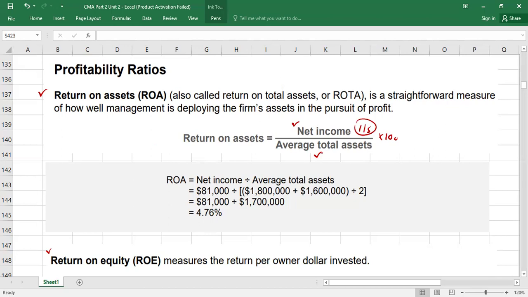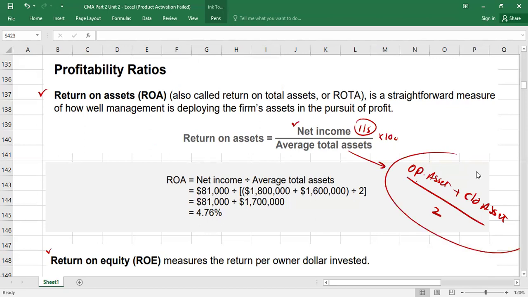Average total asset, how will you get it, guys? Please remember, whenever you are working with average total assets, you need opening total assets. I hope you have an idea about assets, right? Total assets means current assets plus non-current assets. Opening assets means the closing assets of last year, plus you need the closing assets of the current year. So opening assets plus closing assets divided by 2. This is how you get the average.